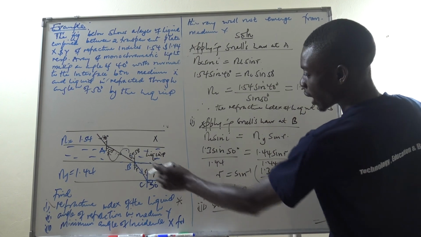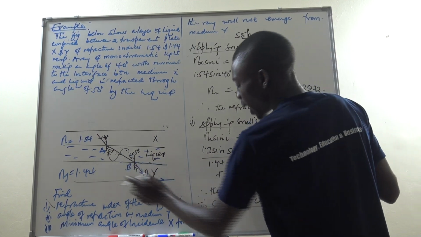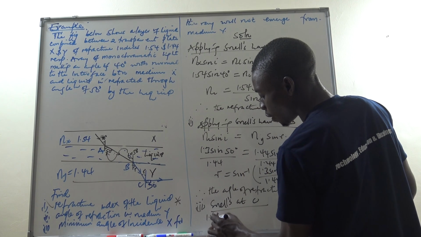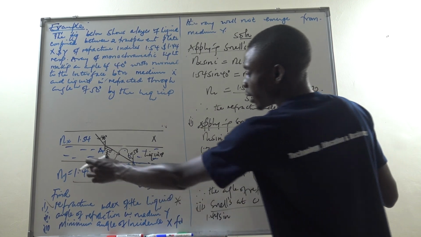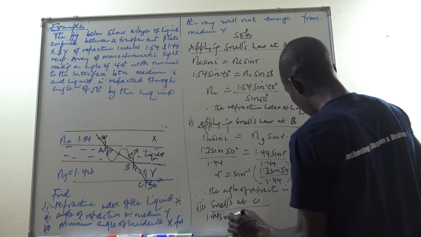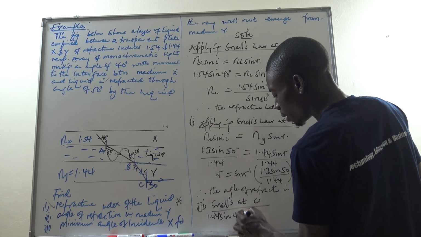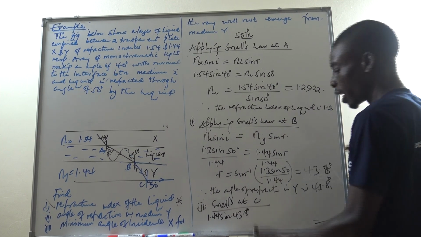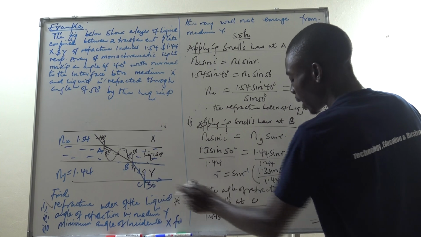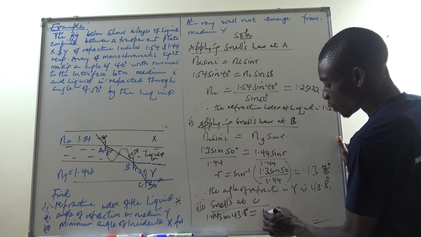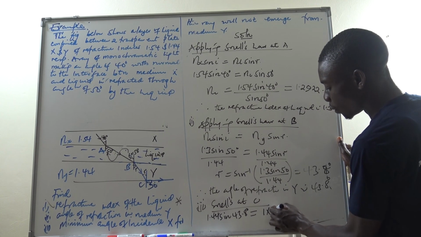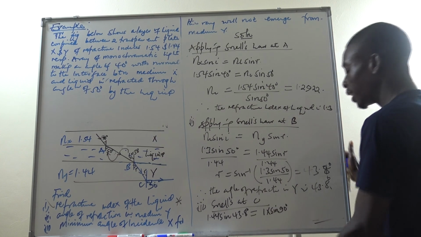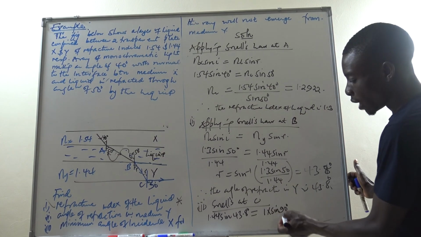So we shall say refractive index of the glass, that is 1.44, sine of R, 43.8, should be equaling to, now not emerging in air, refractive index of air is 1 times sine of the angle there, which will be 90. So that is also equivalent to 1.